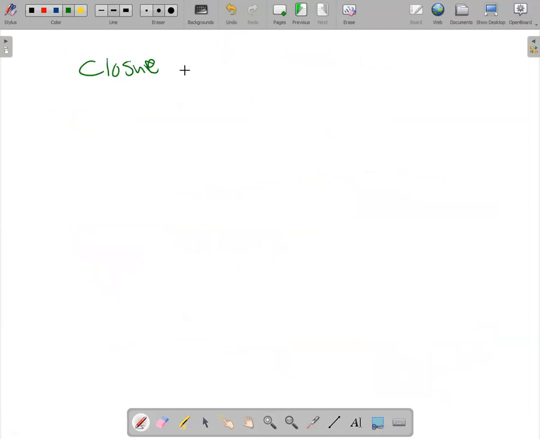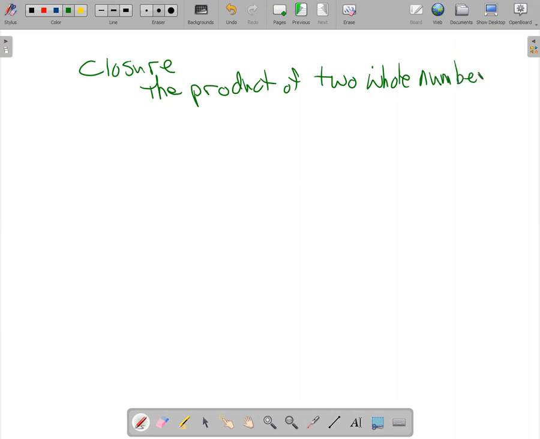So in this case, closure means the product of two whole numbers is still a whole number.